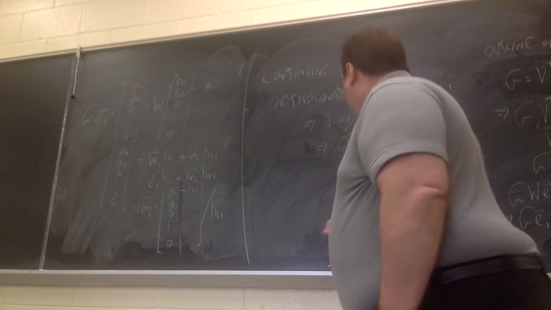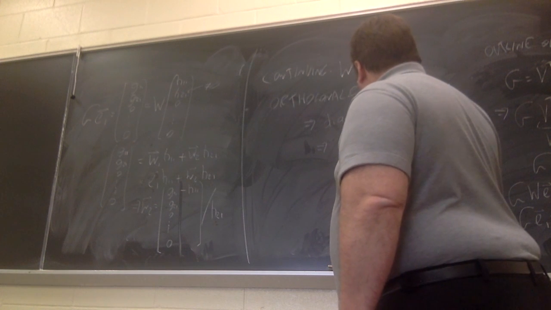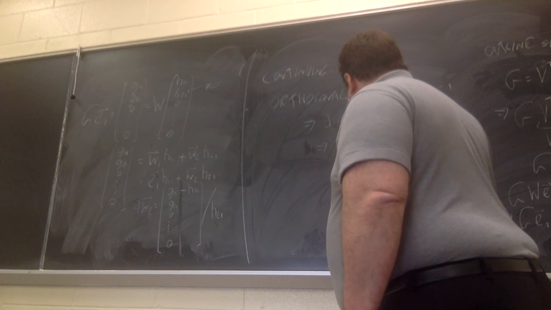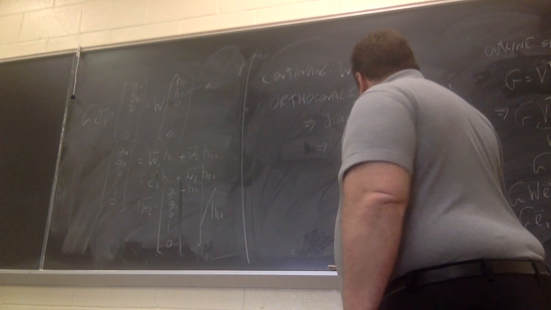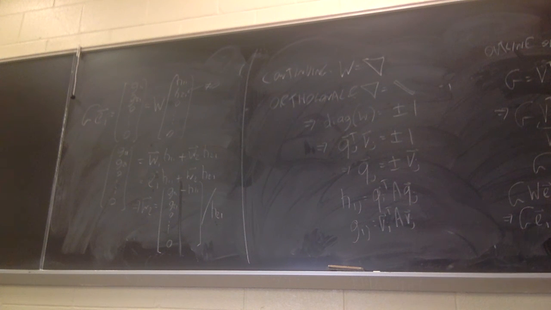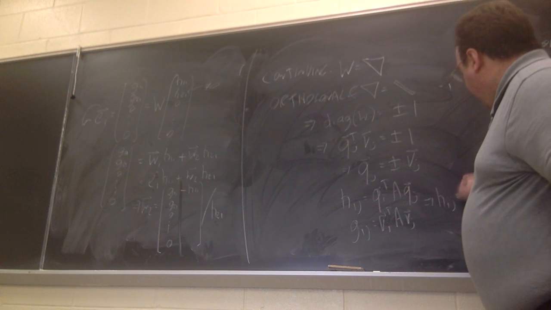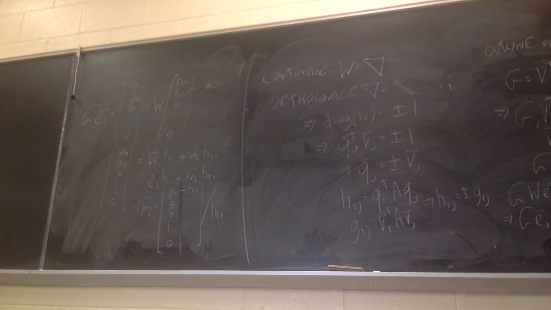And finally, Hij is equal to Qi transpose AQj, and Gij is equal to Vi transpose AVj. So if the Q's and V's are plus or minus each other, that tells you that Hij is equal to plus or minus Gij. So that's what leads to these Hessenberg reductions being essentially equal. They agree up to this sign. So that's the implicit Q theorem.